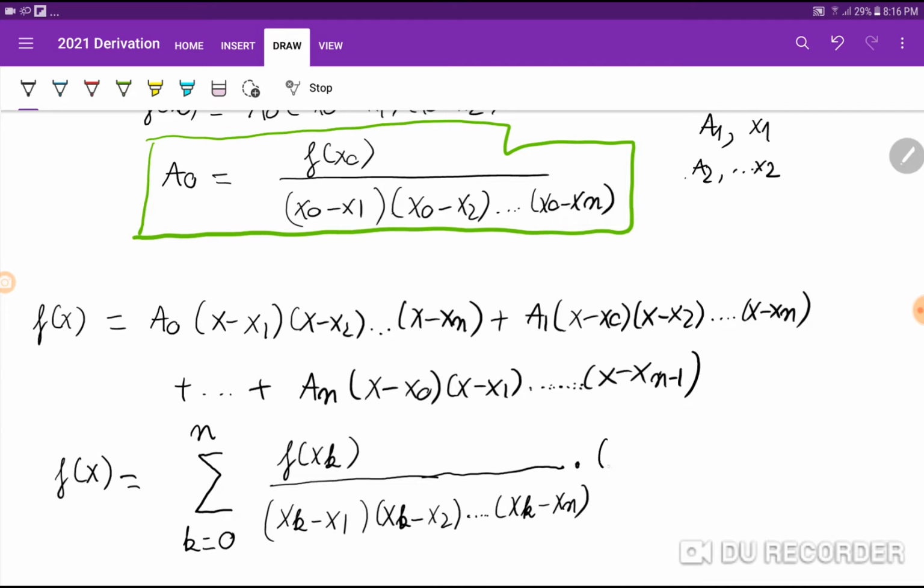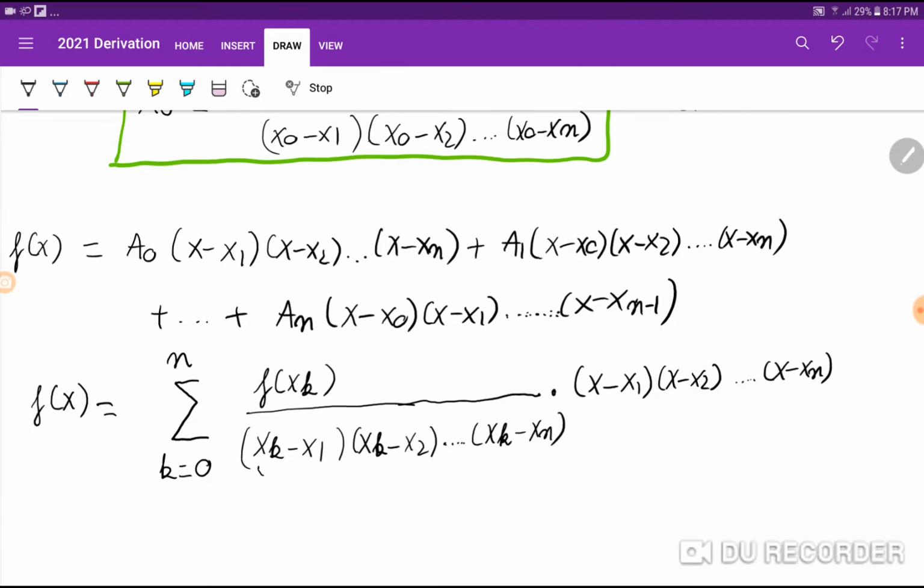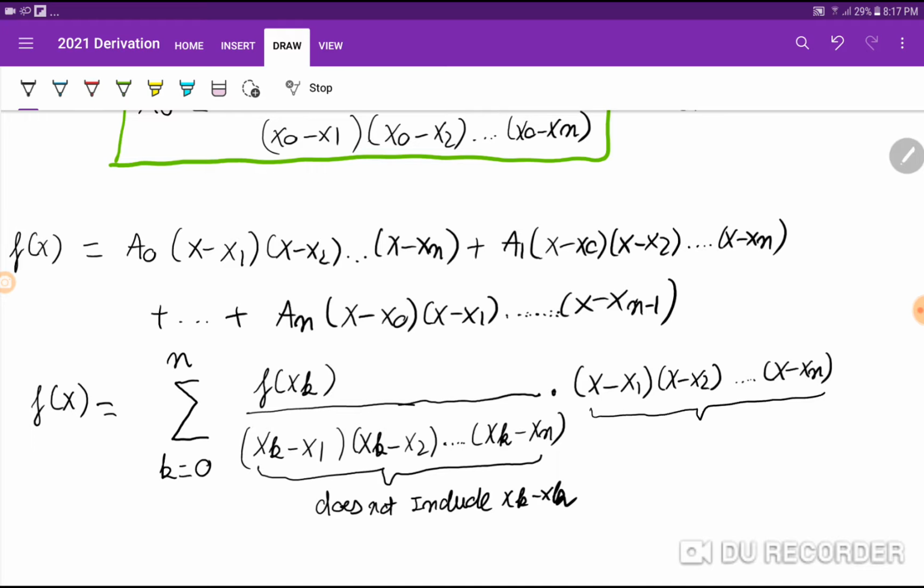And then you multiply by (x minus x1), (x minus x2), on the way to (x minus xn), right? And you know that this multiplication right here does not include xk minus xk, right? And this term right here does not include x minus xk, correct?